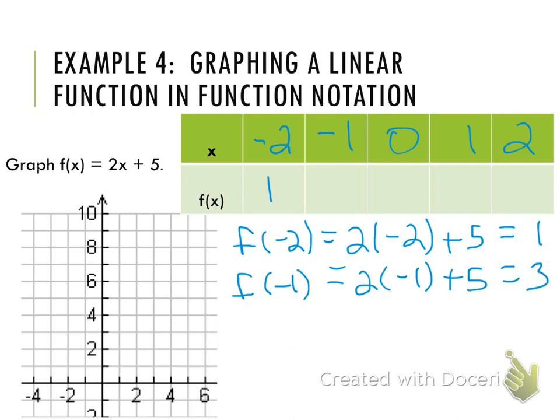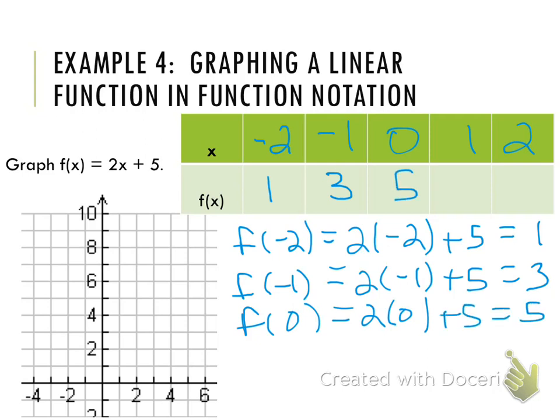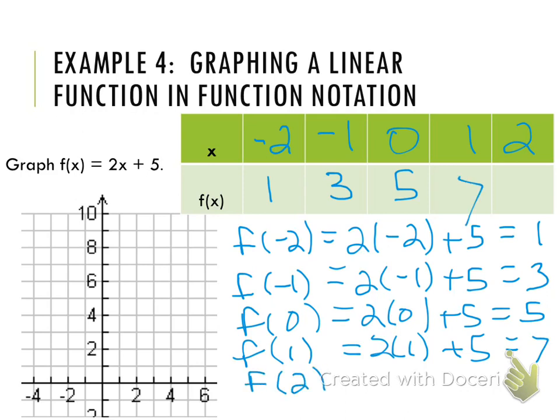So f of -1 is 3. How about f of 0? We have 2 times 0, which is 0, plus 5, which gives us 5. F of 1 is 2 times 1, which is 2, plus 5 is 7. And finally, f of 2 is 2 times 2, which is 4, plus 5, gives us 9.